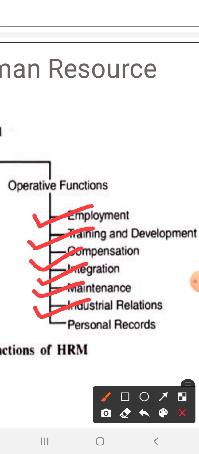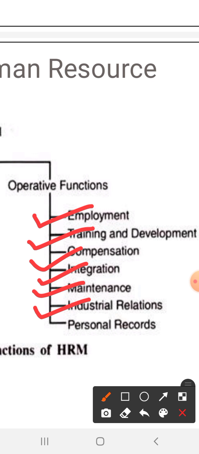Then we have industrial relations. When I'm talking about industrial relations, it means how efficiently I am able to maintain a good relationship with the customers, because at the end they are everything, right? Suppose I'm manufacturing a product A and selling it to a customer. If that customer is happy, then only he will repurchase that product. But what if he's not happy?